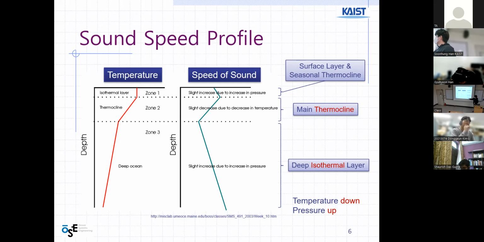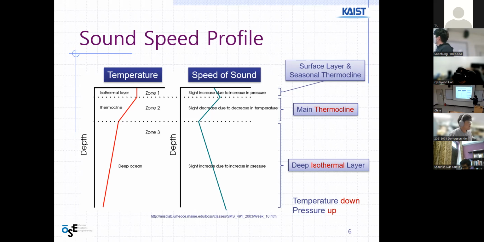And also in the deep ocean, there's no temperature change, so deeper and deeper, sound speed gets higher and higher. But at the thermocline, temperature changes rapidly, so sound speed decreases with depth.